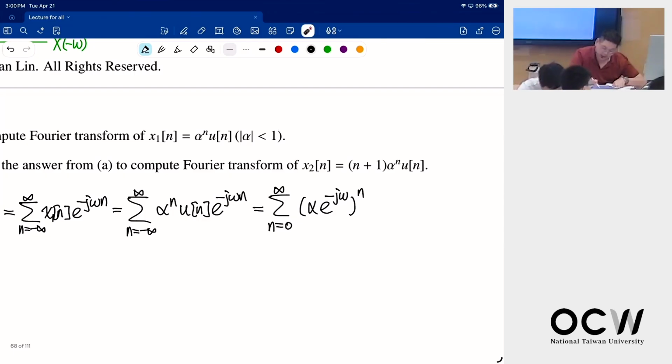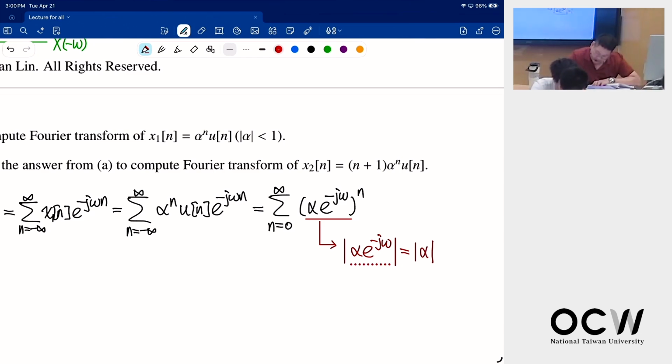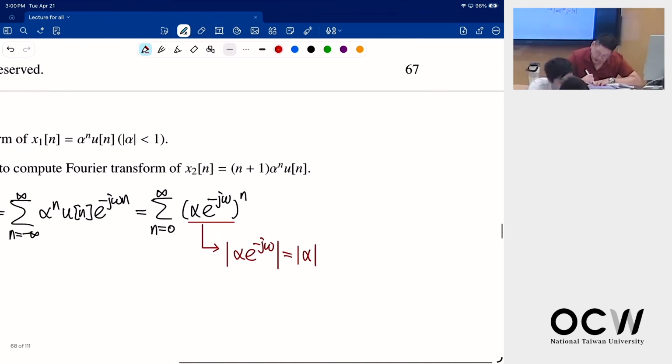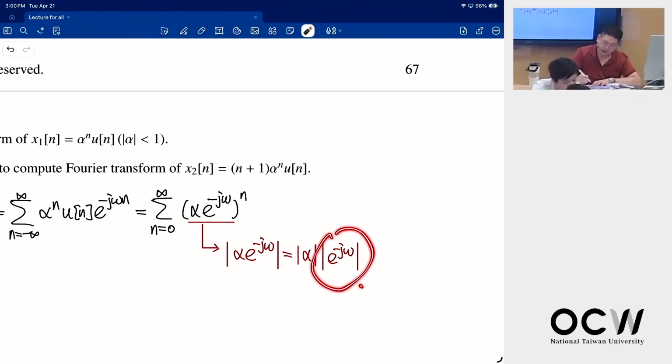Now when you do this, you need to check this ratio, to see if it is bounded or not. Let's see the magnitude of alpha times e^(-j omega). This magnitude is alpha times the magnitude of e^(-j omega). What is the magnitude of e^(-j omega)?